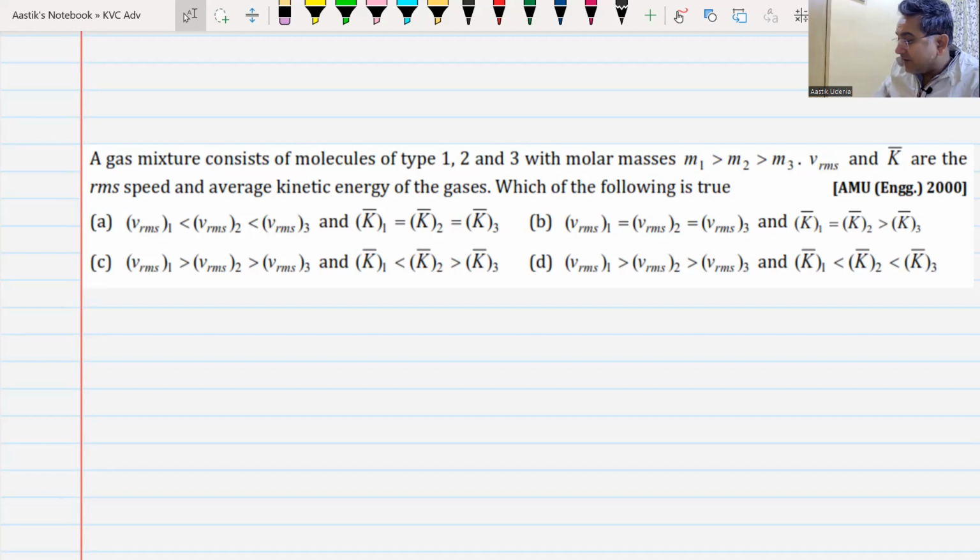Whenever someone says average kinetic energy, he means average kinetic energy per mole or per molecule. It will be per molecule probably. Option A, sir. Well done. Do we understand this, sir?